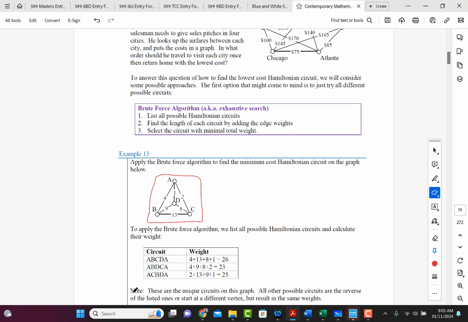It says down here, these are the unique circuits on this path. All other possible circuits are the reverse of the listed ones, or they start at a different vertex, but they result in the same weights. So in this case, we find that the optimal circuit is this one right here. That adds up to 23.